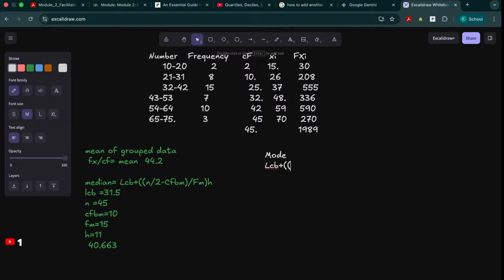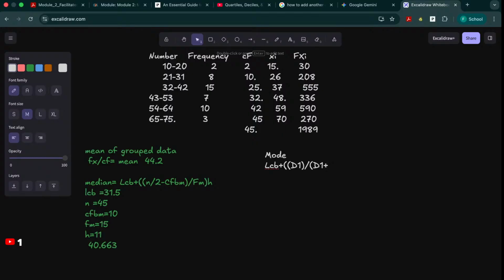I don't know how to write it. Let me just use D, but you know it represents delta. So delta 1, then we do delta 1 plus delta 2.